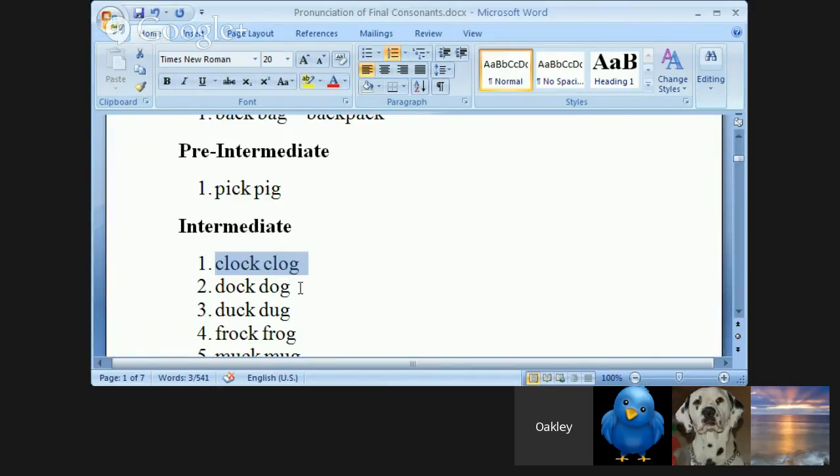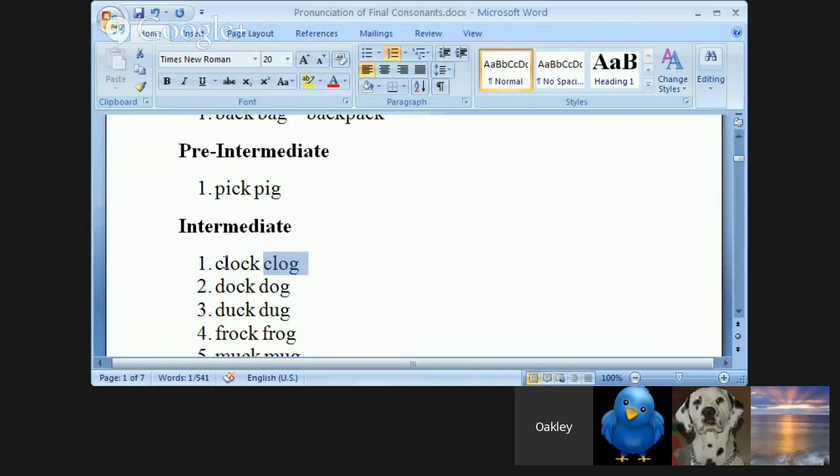We can fully pronounce the K sound. We don't have to worry about reducing it because it's repeated. So instead of saying it twice, clock, clog, we would never do that in English. We simply join them and pronounce the K sound once. Clock clog. That's it.